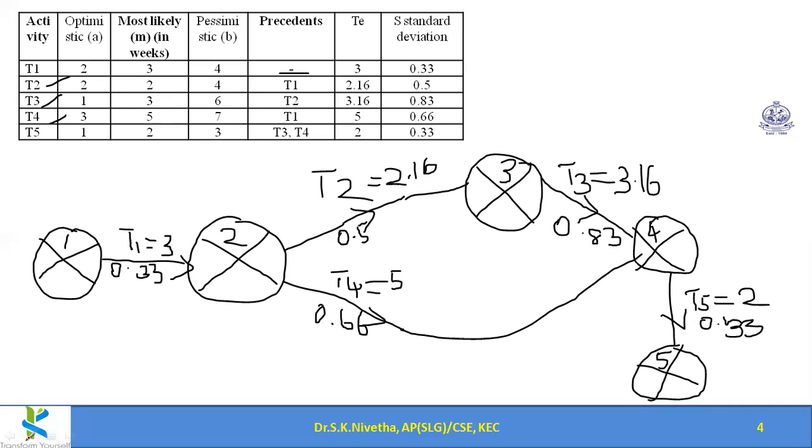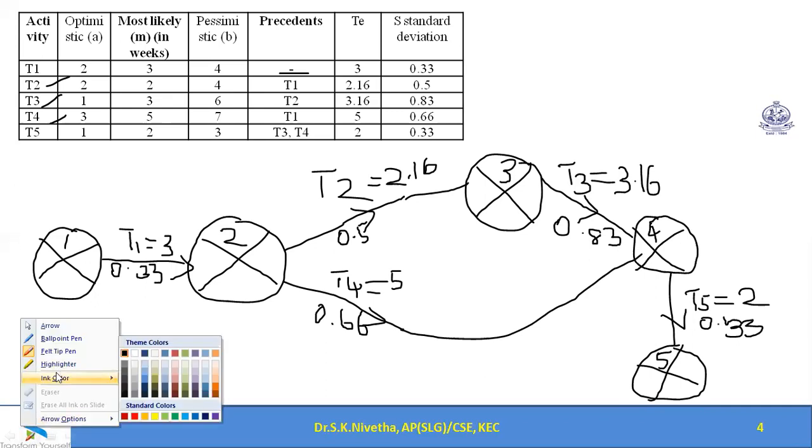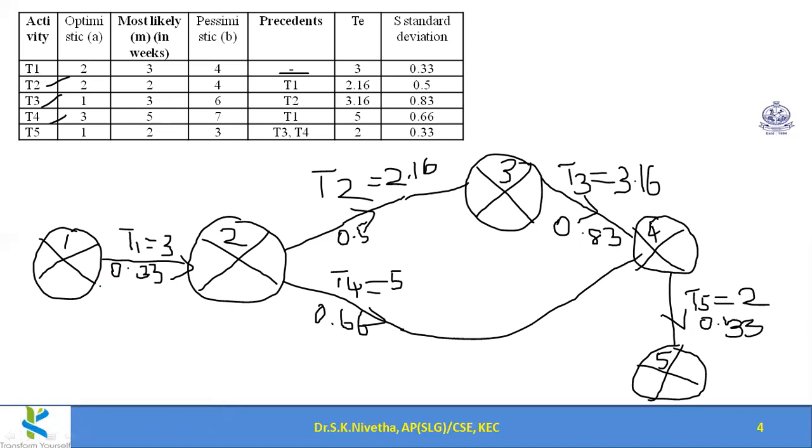So now we shall start marking the expected duration for the event and expected standard deviation for the event. So here the expected duration for the event is 0 because this is the first event.